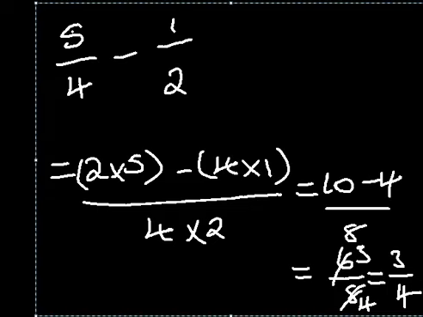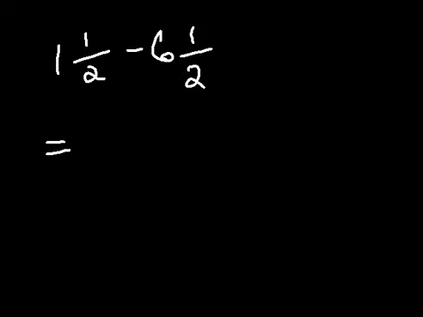Now if we have 1 over 2 minus 6 1 over 2, what is this using the butterfly method? First, we express the fractions as improper fractions. We have 2 times 1 is 2, plus 1 is 3, so 3 over 2.